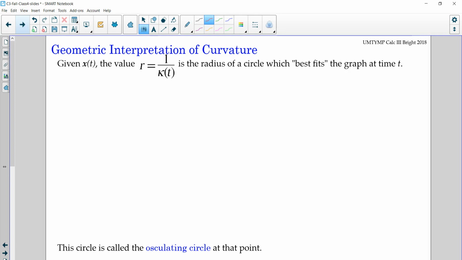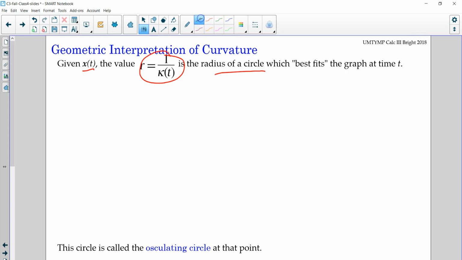Because that actually leads us into the geometric interpretation of curvature. So if I have a given parameterization, the value r equal to 1 over kappa is the radius of a circle that best fits the graph at time t, okay?